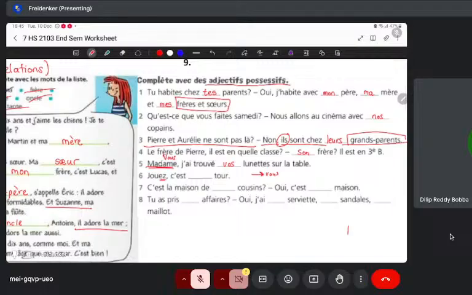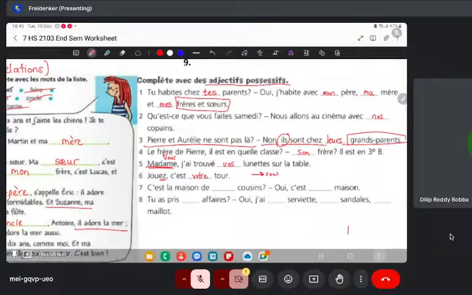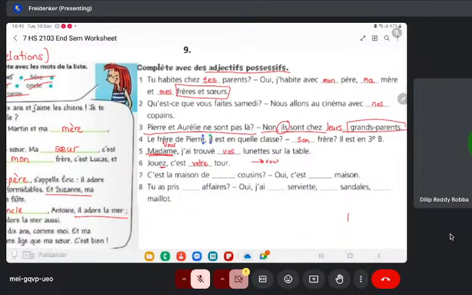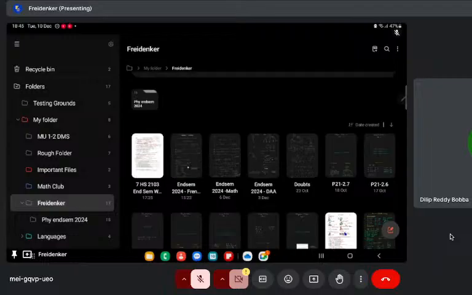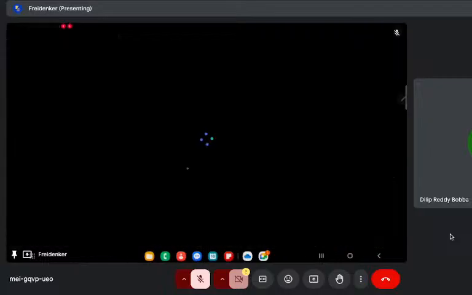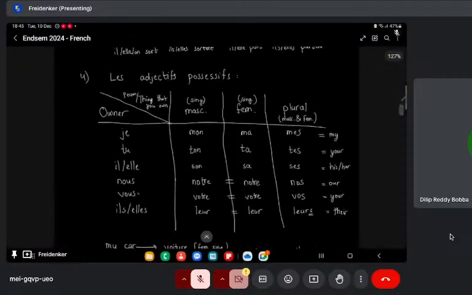So how do you say your turn? Vous has two options, VOTRE and VOS. But here turn is singular, so you'll get VOTRE. Because if you look at the table, if you look at VOUS, you have VOTRE and VOS, but here TOUR is singular, so you will get VOTRE.